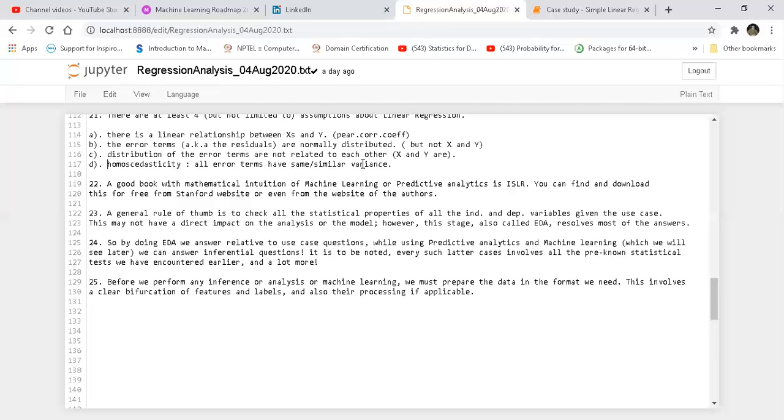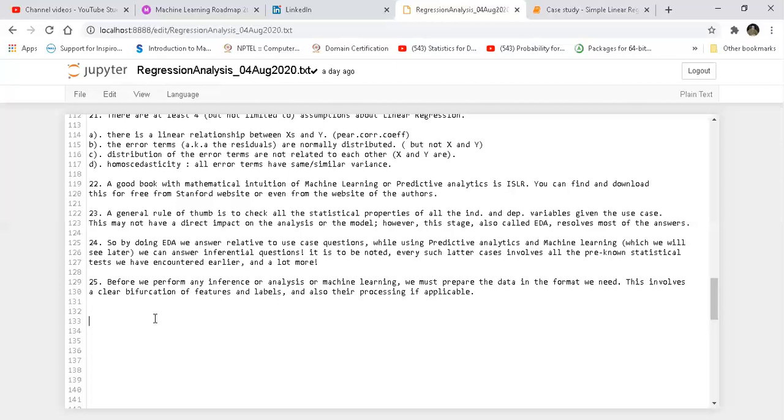So we are going to take them together into one step and look for patterns. If we look for patterns in the residuals or in the errors, then we can answer whether we have homoscedasticity or not.